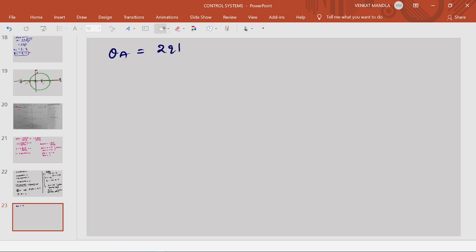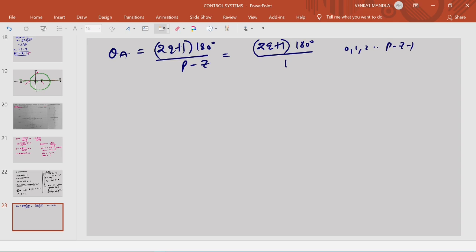That is why 2q plus 1 times 180 degrees by p minus z, with q ranging from 0, 1, 2 up to p minus z minus 1. We already have p minus z is 1, so only q equal to 0. Substituting q equal to 0, we get 180 degrees. So only one asymptote exists, and that asymptote has the angle 180 degrees.